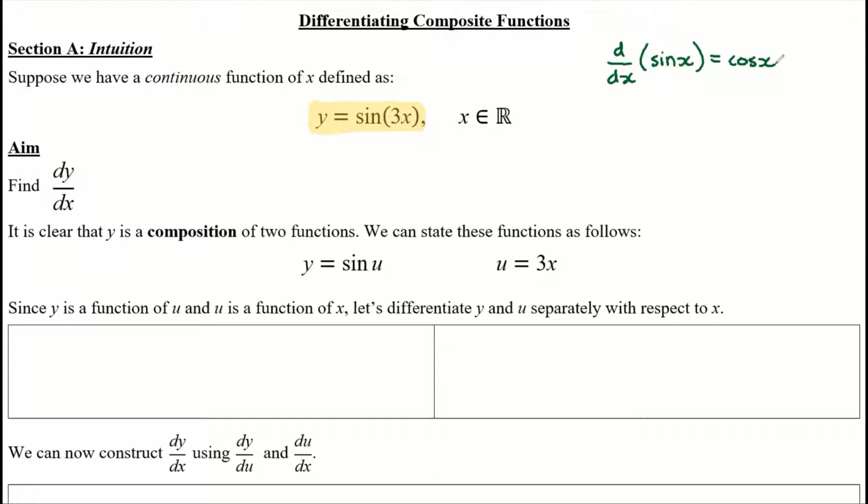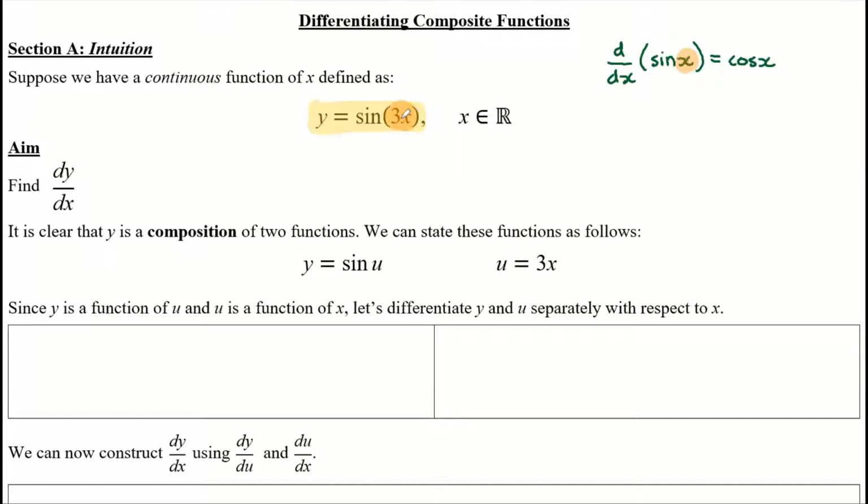And what we're going to do is envisage that to form a function such as y equals sine of 3x, we take the function sine x as we've got here, but make a substitution for x, and the substitution we'd clearly make would be to replace x with 3x.